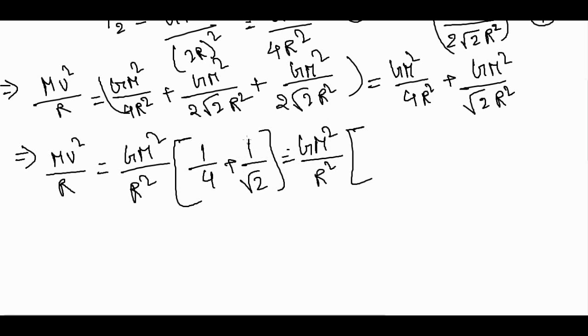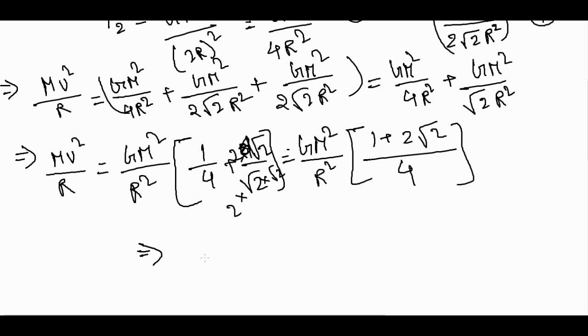So I will multiply a 4 over here, and I will multiply a root 2 over here and a root 2 over here, and also multiply a 2 and a 2. So what I get is 1 plus 2 root 2 by 4.